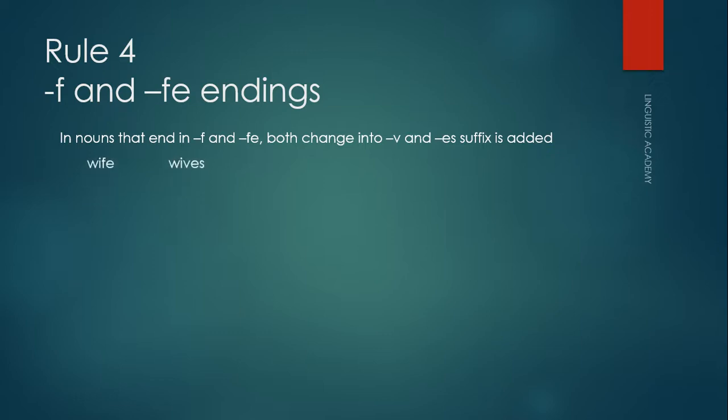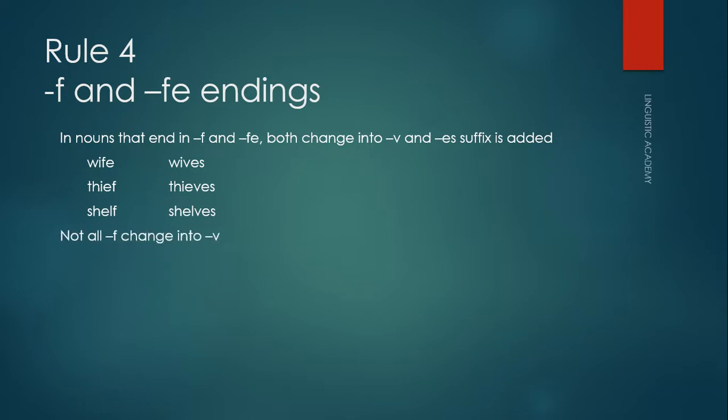For example, wife, wives, thief, thieves, shelf, shelves. In these examples, we see that wife is ending with FE, while thief and shelf are ending with F. We are replacing this F and FE with V, and then we are adding ES at the end to change them into plural forms.